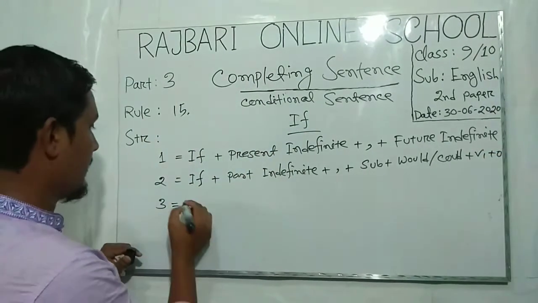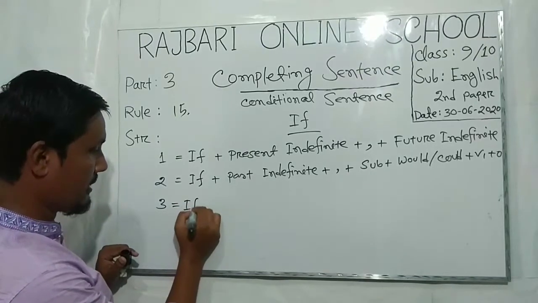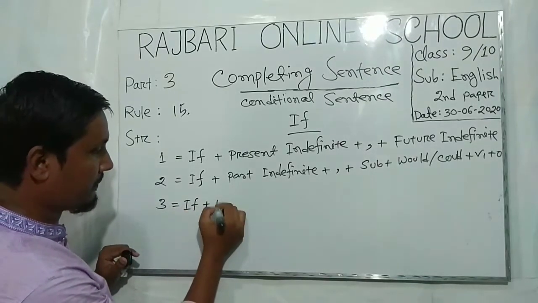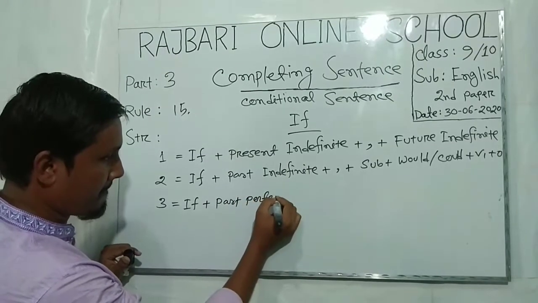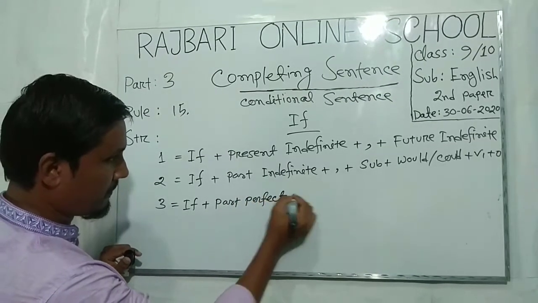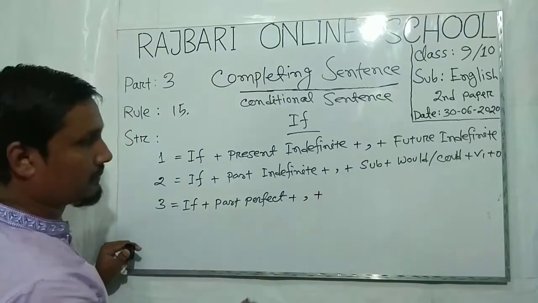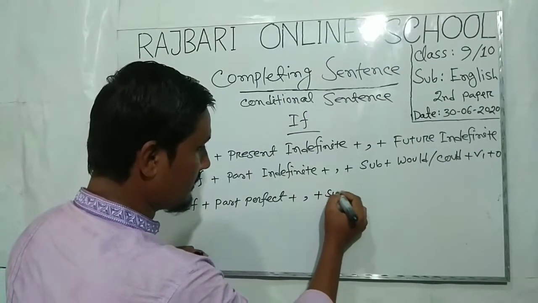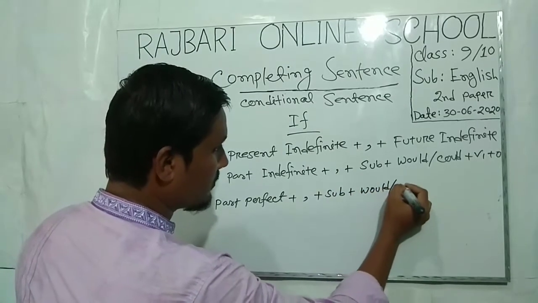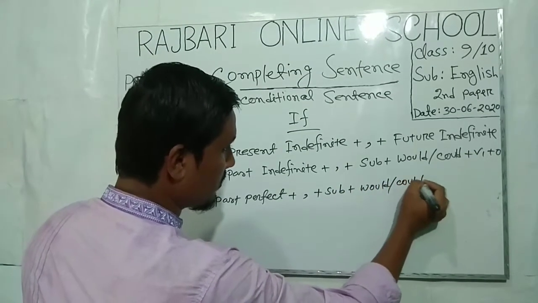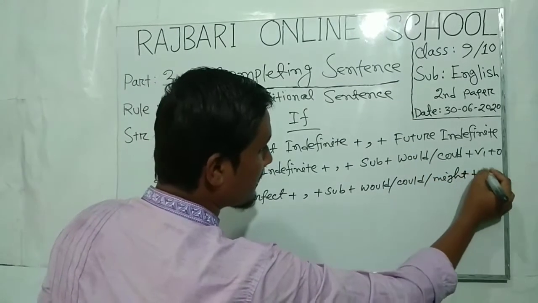Okay, third condition, and that is the last one. If plus past perfect plus comma plus subject plus would, could, might plus have.